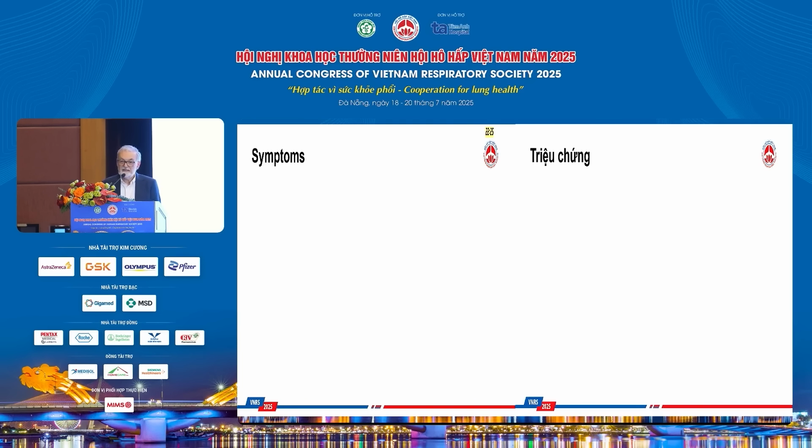But I think the main thing to know about symptoms in relation to tuberculosis is that they're not a good test for TB. They're a very poor guide to whether a patient has TB or not.